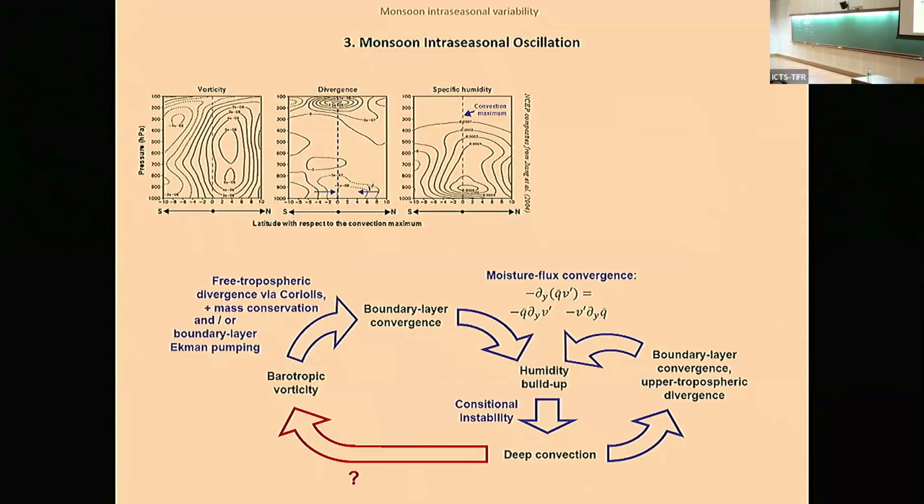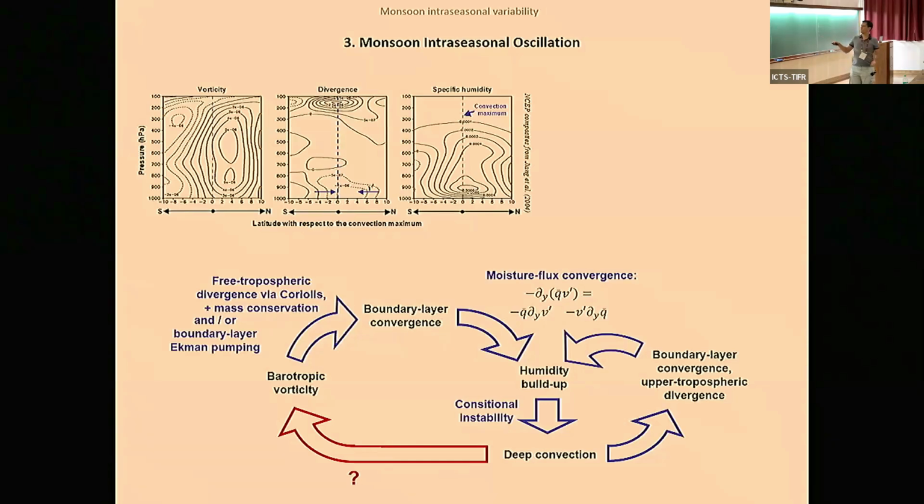One that is due to the vertical advection, and so we have barotropic vorticity creating boundary layer convergence, creating a humidity buildup, creating deep convection. But the question for a long time was, how do we go back? What's the link between deep convection and barotropic vorticity?